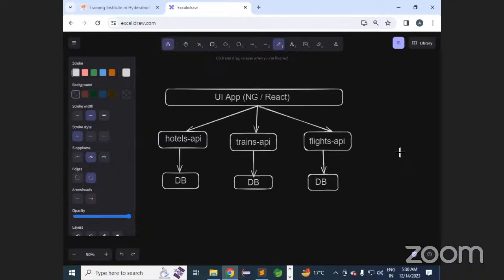To overcome that problem, in the industry people are going for microservices. Are you clear? What is the meaning of a microservice, guys? Can I say it is one API like JDBC, one API like servlet, one framework like Spring?